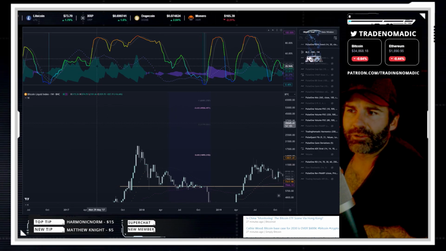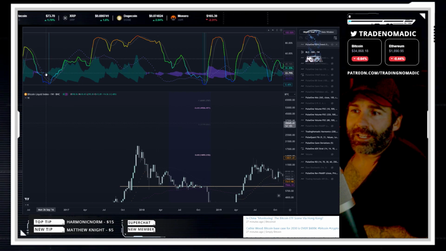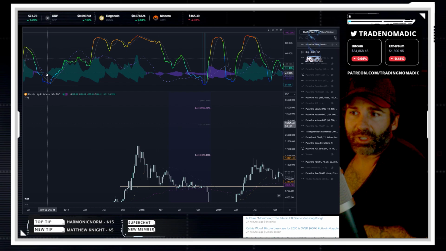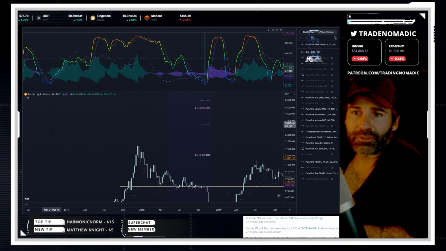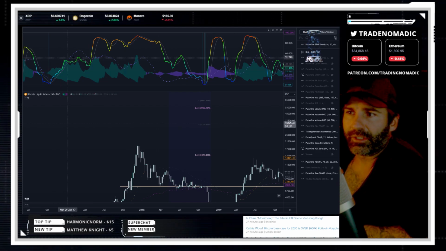In the background, you can see here I've got an ADX based indicator. This cloud is using the DX lines to form a bias of direction.